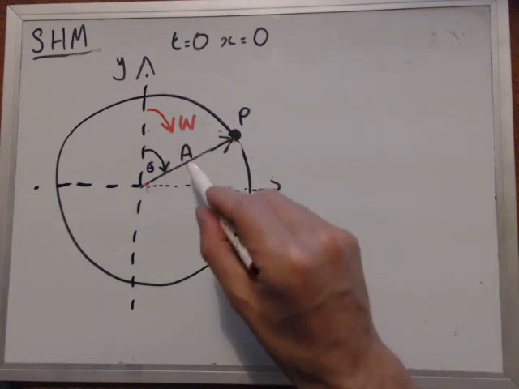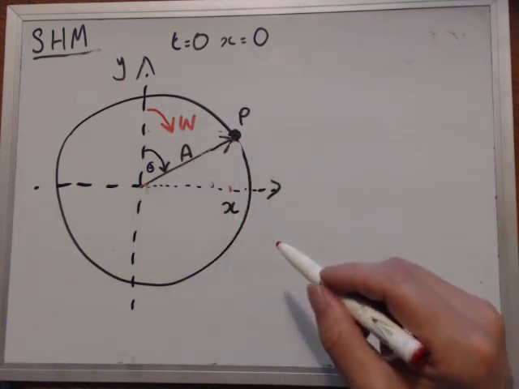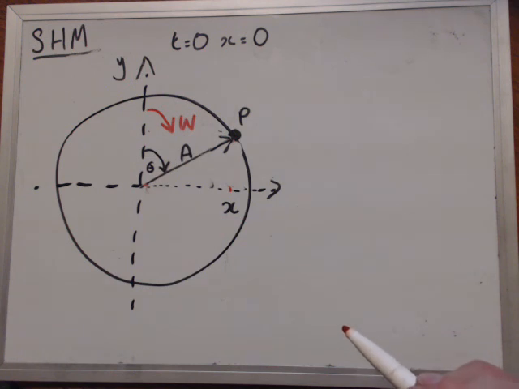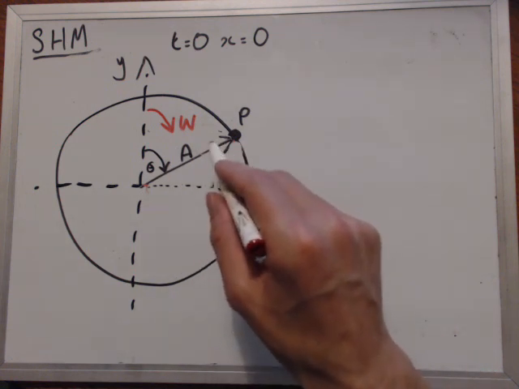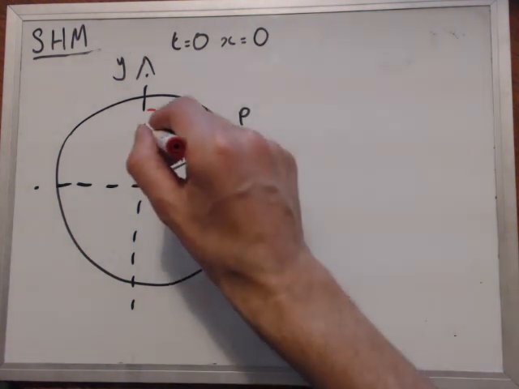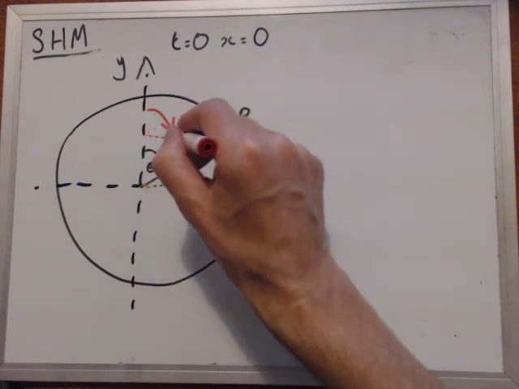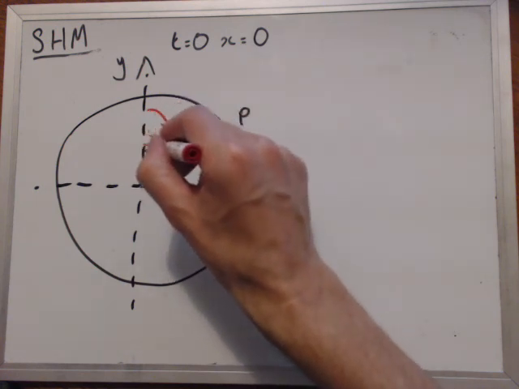If we look at the trigonometry of the situation, with theta increasing in that direction, we'll find that A, the amplitude, the maximum displacement, which is like the hypotenuse, multiplied by the sine of theta, will give us this dimension here, forming a right angle triangle.